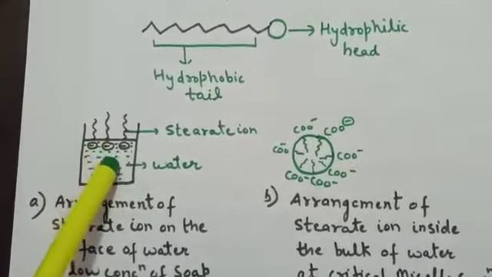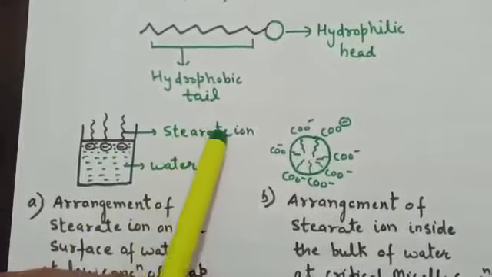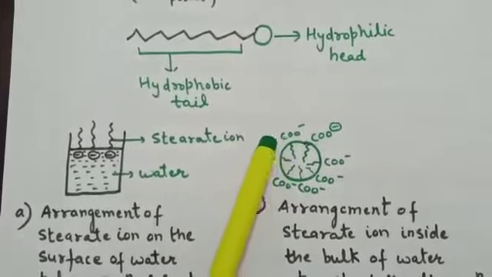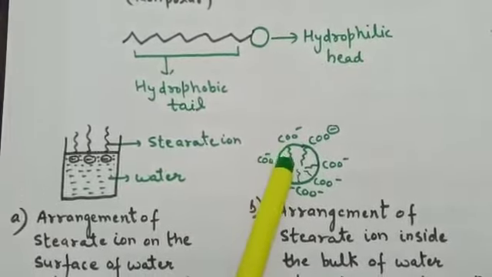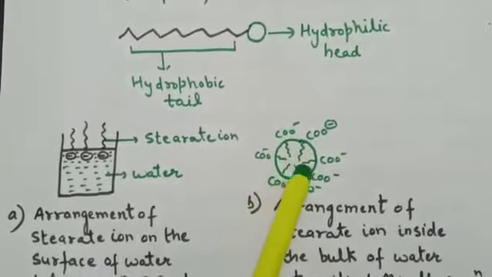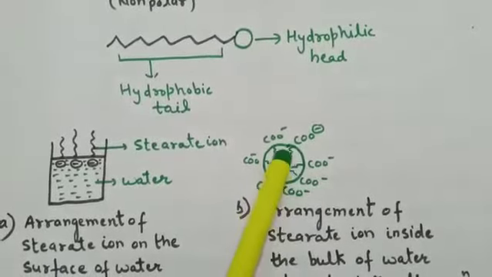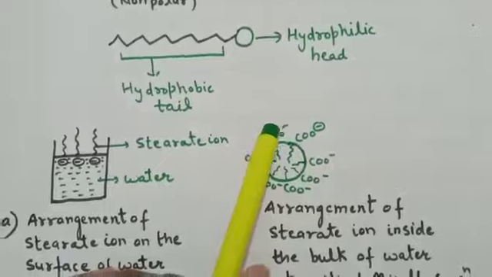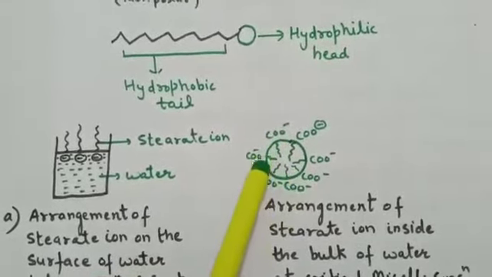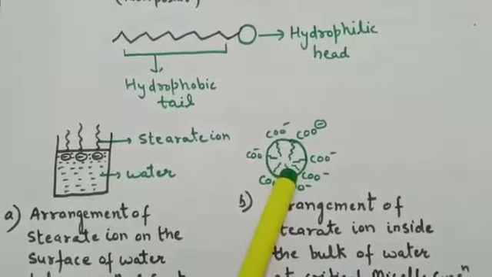When we increase the concentration of soap in water, that is, the concentration of stearate ion, at the critical micelle concentration the anions are pulled into the bulk of the solution and they aggregate to form a spherical shape with their hydrocarbon tails pointing inwards, and the polar part projects on the surface of the sphere. This type of aggregate formed is known as a micelle.